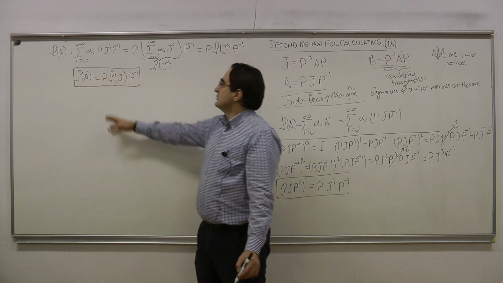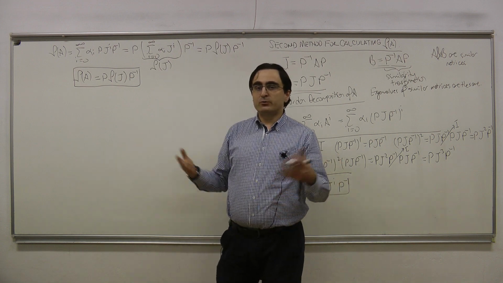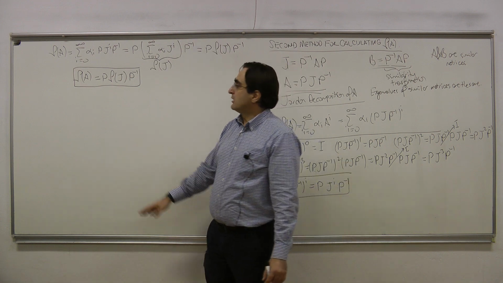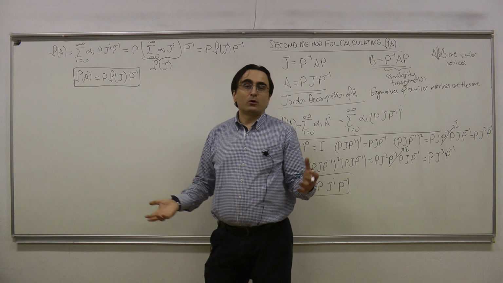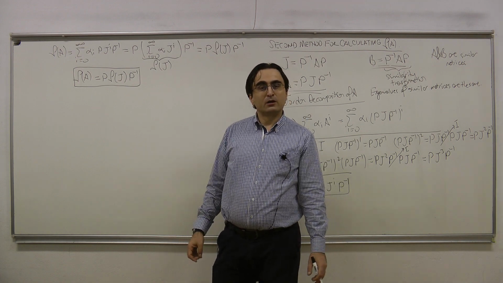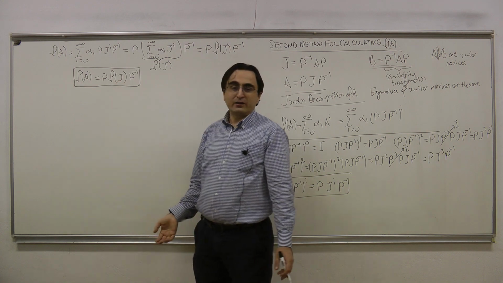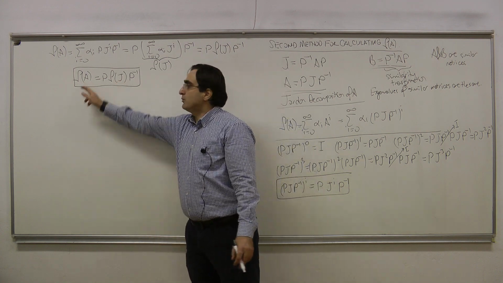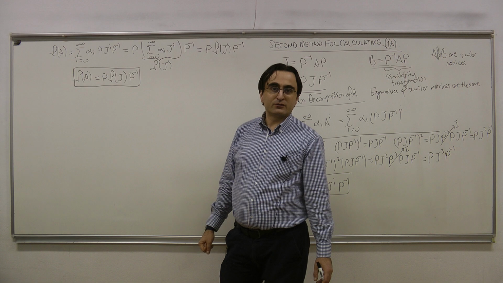In general, the matrix A can be filled with non-zero elements, but we know that the Jordan canonical form would be filled with as many zeros as possible. So this matrix J is much simpler than the actual matrix A in many cases. Okay?